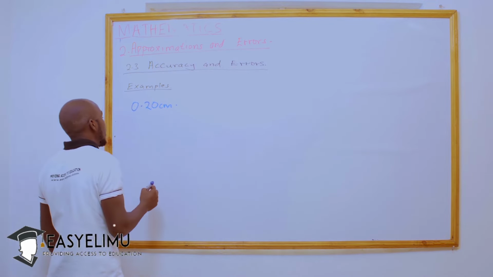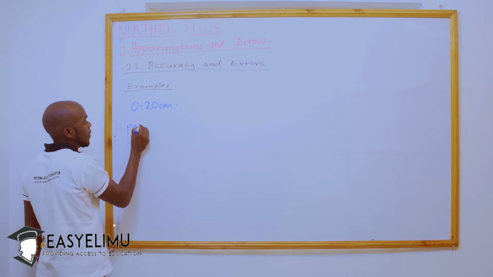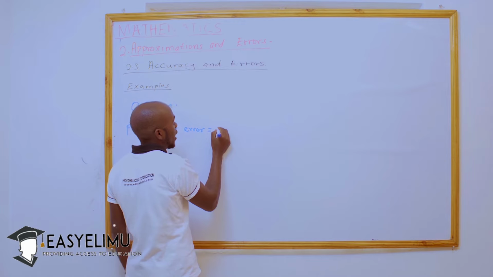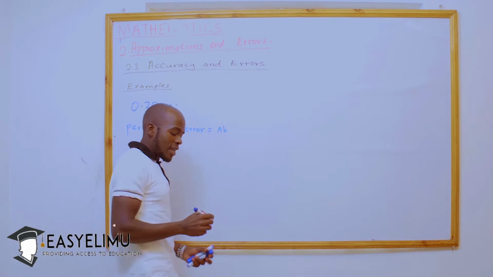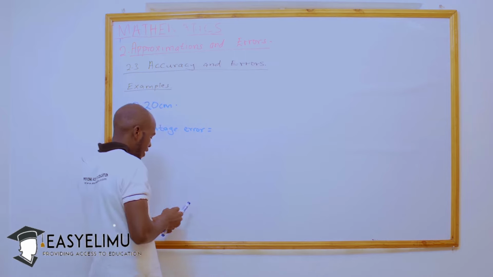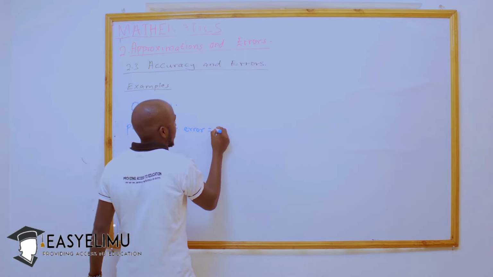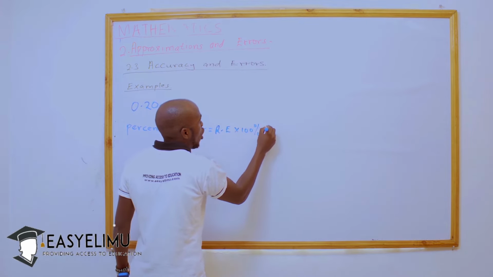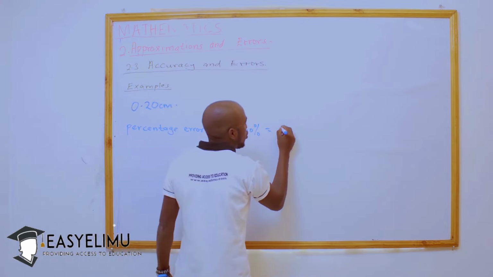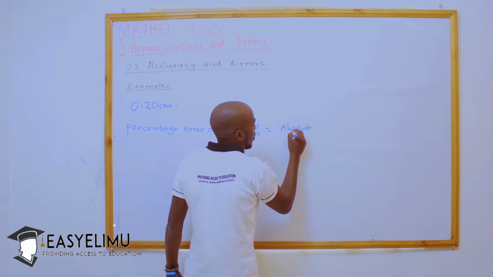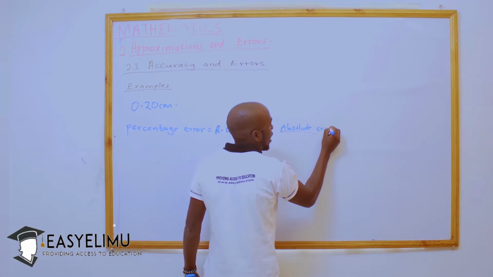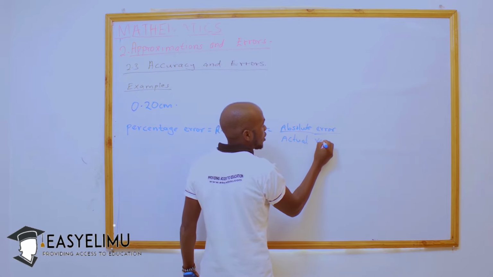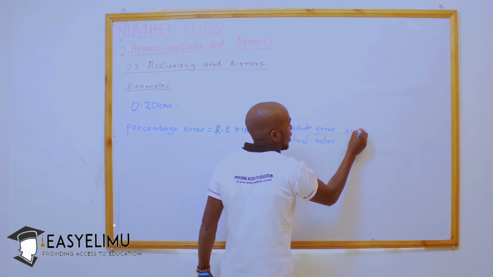Remember we said that to find the percentage error, we take the relative error multiplied by 100%, or you take the absolute error over the actual value, multiplied by 100%.